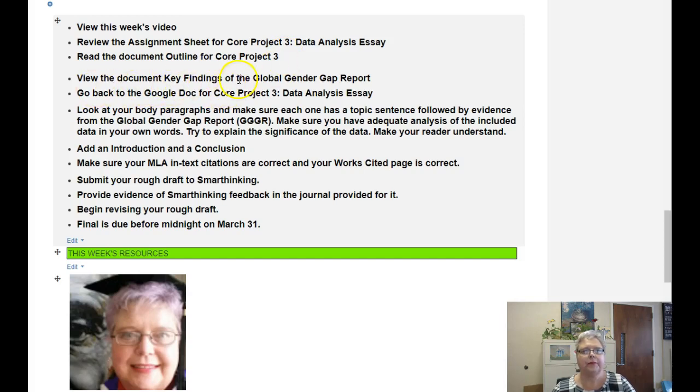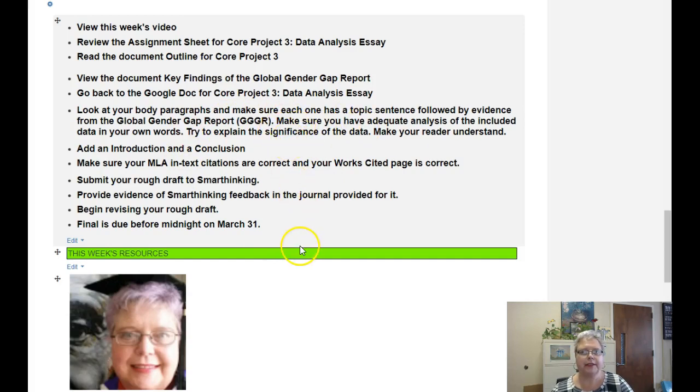And then view the document Key Findings of the Global Gender Gap Report. What that document is really an excerpt from the Global Gender Gap Report, and I thought it might be easier for you if you could just refer to that document instead of having to search for information in the Global Gender Gap Report.